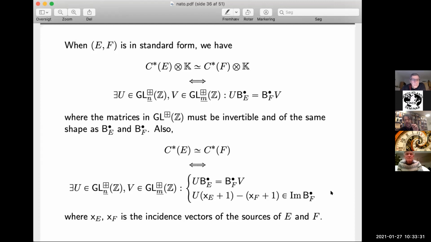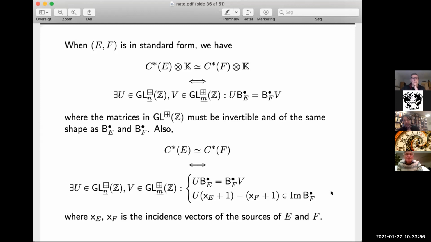There's a little snag here: my matrices have been made by deleting some rows and then transposing. So these are matrices that are not necessarily square, they're rectangular. They're taller than they're wide. So the U and the V that I'm talking about are not necessarily of the same size, but they are square, right? Because the BE and the BF are the same size.